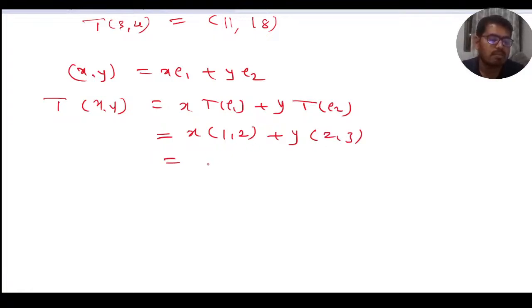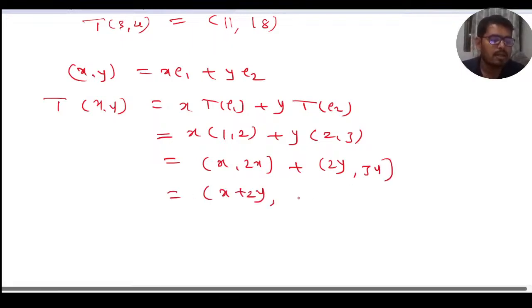Then simplify, we get (x, 2x) plus (2y, 3y). Then add them: (x plus 2y, 2x plus 3y).